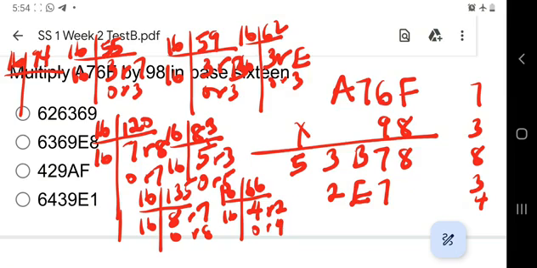So that gives 5. So 5 times 16 gives 80. So that means 94 minus 80 gives 14, and that is E as well. So we're going to have E here, then 5 here.